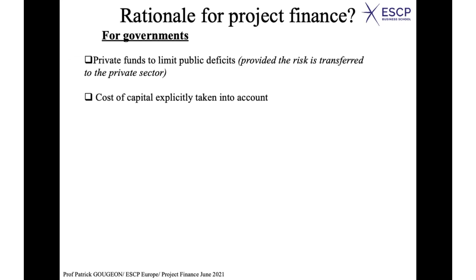And when I say return, I mean a return. We'll see that with more detail later on, with the public meaning of it. Okay, so by taking explicitly into account the cost of capital, which is the case if you use project finance with private investors, then it's a way to improve the rationality of the decision process.